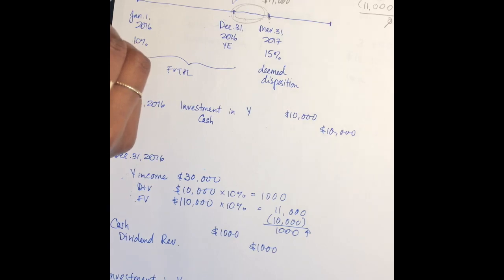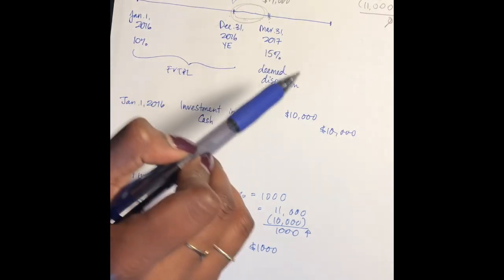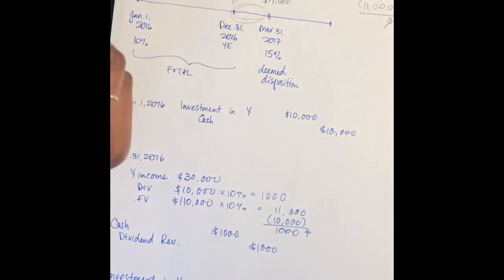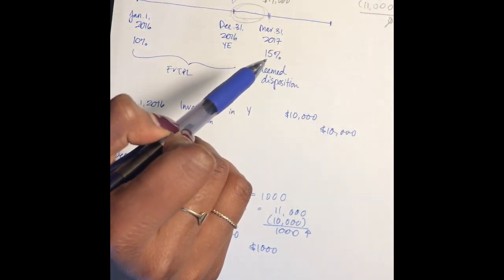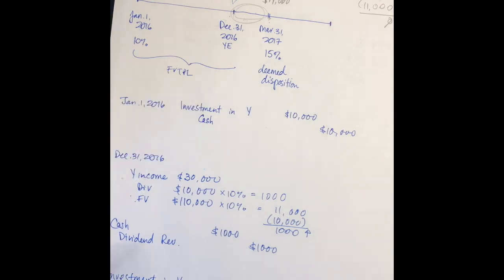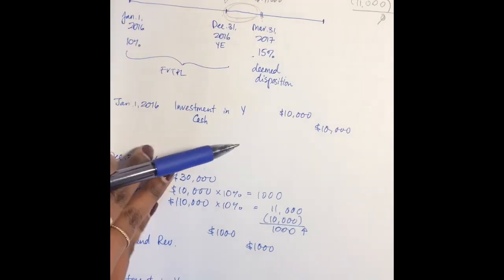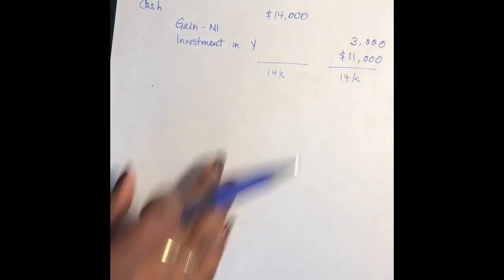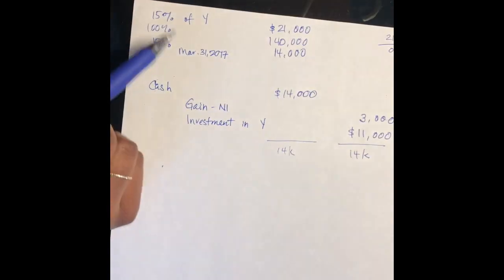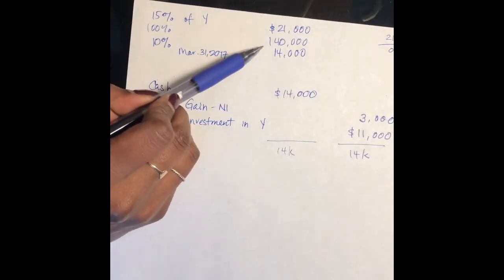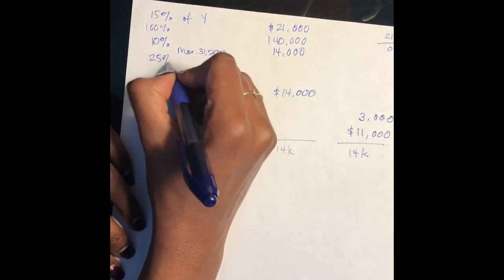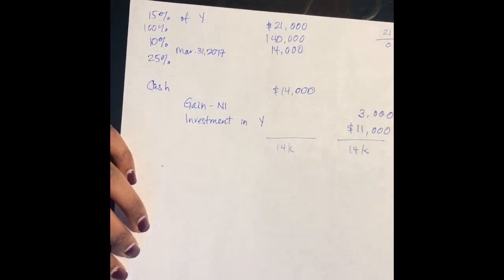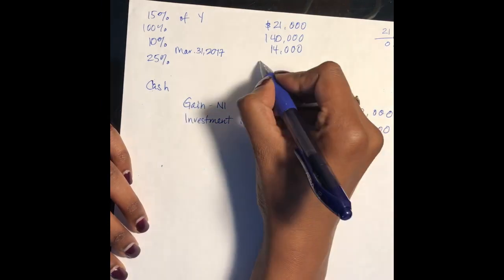Under fair value through profit and loss, and you dispose of it, and you reacquire what you previously owned, the 10, and what you're picking up, the new portion, which is 15. So 10 plus 15, 25%. So let's go back up here. Simple math again. If 100% is worth 140,000, then your 25% is going to be worth 35,000.